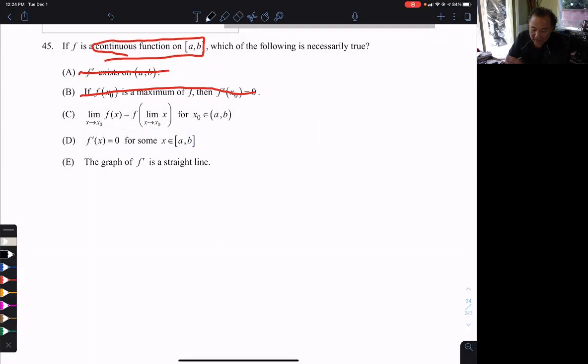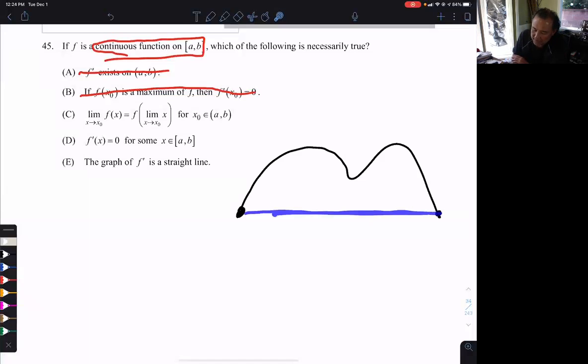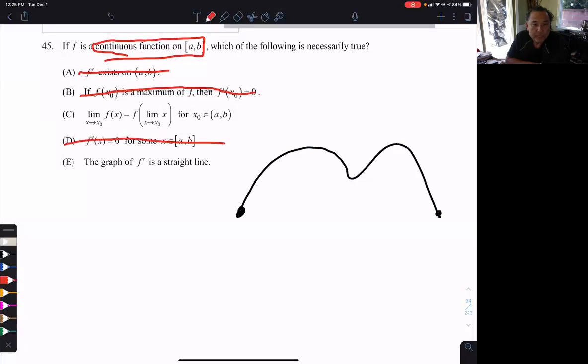Rolle's theorem says if you have a continuous and differentiable function, and the endpoints have the same y value, there must be at least one point where the derivative will have a slope of 0. But that's only if the endpoints have the same y value and it's differentiable inside and it's continuous. You don't have all those, so Rolle's theorem won't apply, so therefore you're not guaranteed the derivative being 0. Okay?